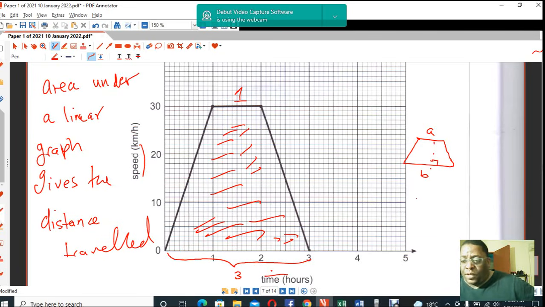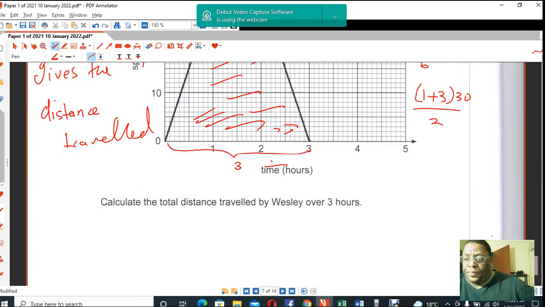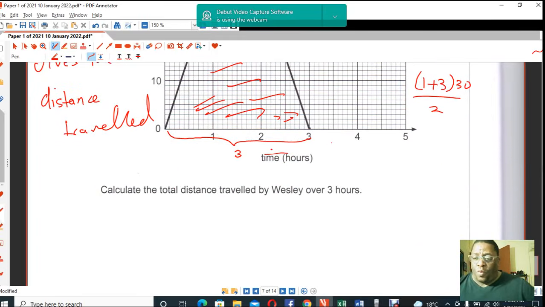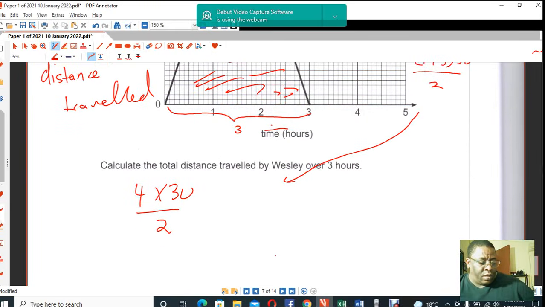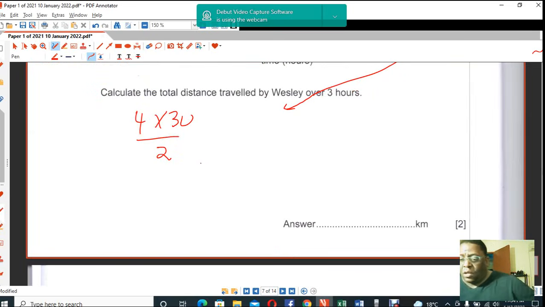So for my trapezium, it's going to be 1 plus 3, multiplied by the height, which is 30, and then you divide that answer by 2. That in a nutshell will give us the answer. The area would be 4 times 30, half of that. So the answer will be 60 kilometers.